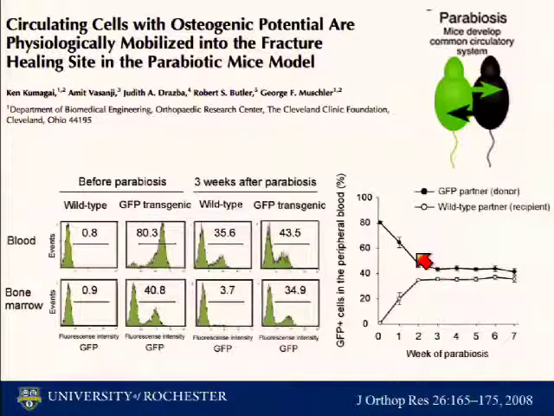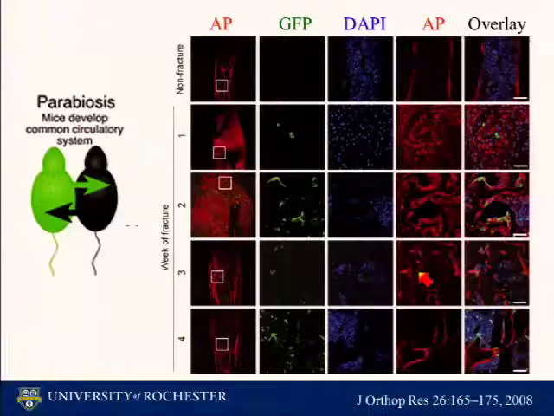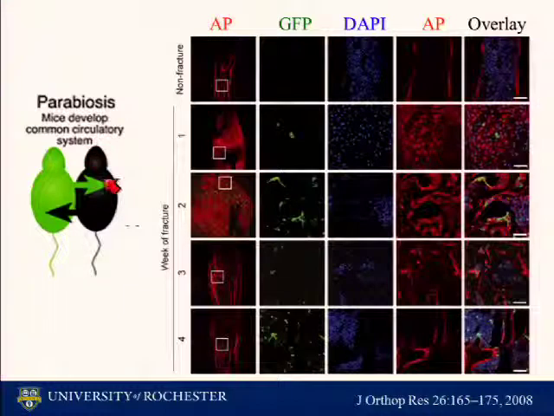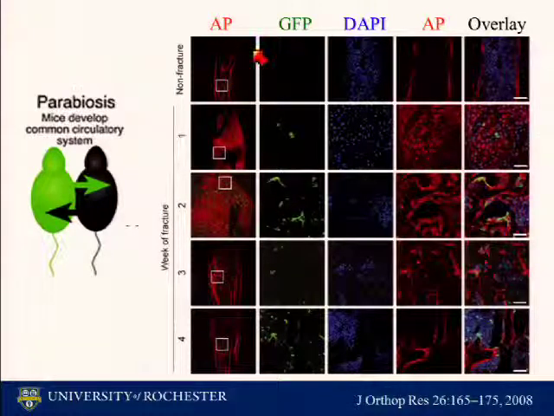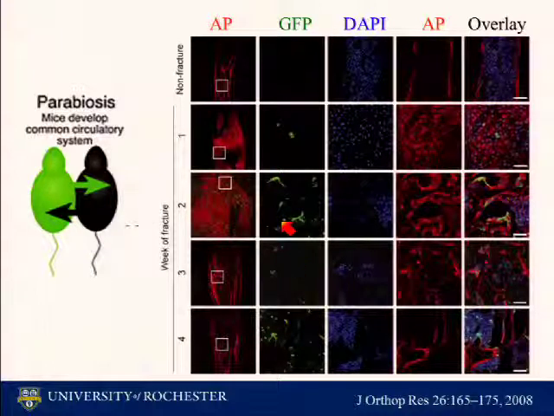The model used here was: after 3 weeks of parabiosis, a fracture was done so that there would be an ability to look at these populations. This was done by George Muschler's group several years ago. Essentially what they showed is that there are GFP positive cells that go to the fracture site, and they can express alkaline phosphatase.